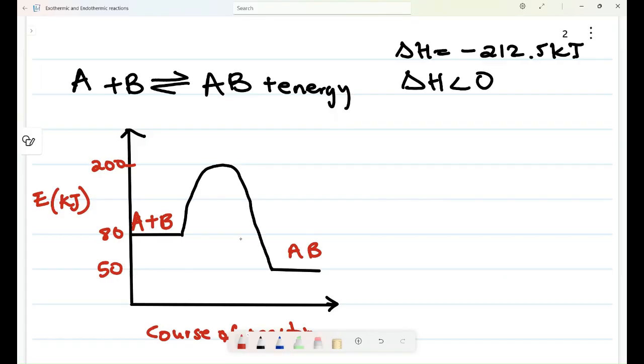Now let's try to remember them. This is what we call our activation energy, the energy from the activated complex to the energy of the reactant.